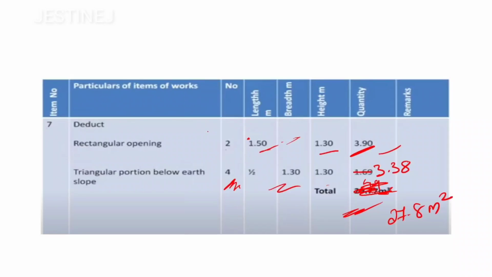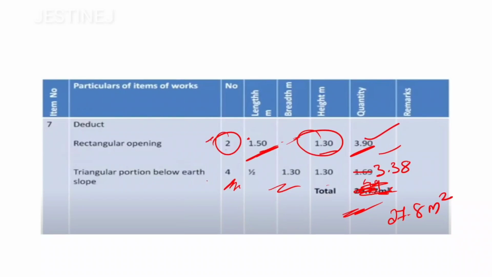So now we calculate those values, that is the rectangular opening. Actually this is going to be two numbers. The length, as already mentioned, is going to be 1.5, and the height is going to be 1.3. If you multiply, you'll get 3.9.